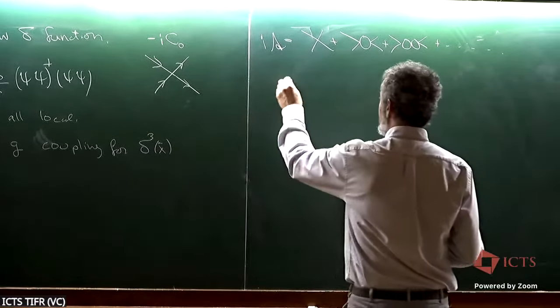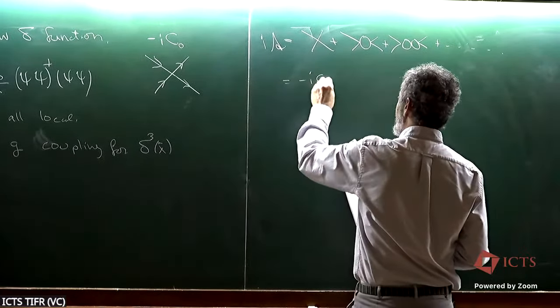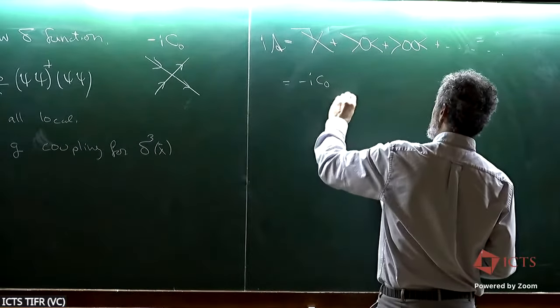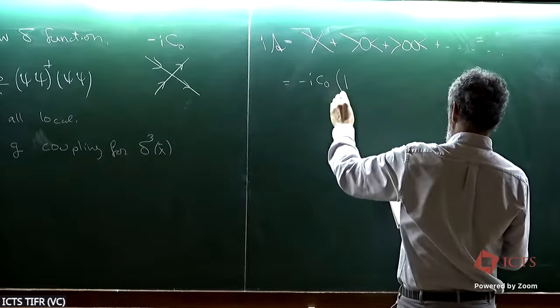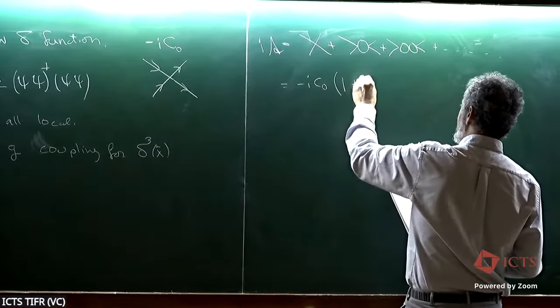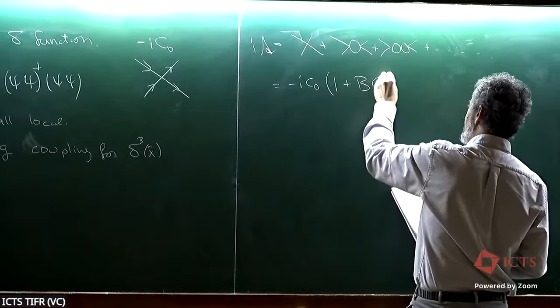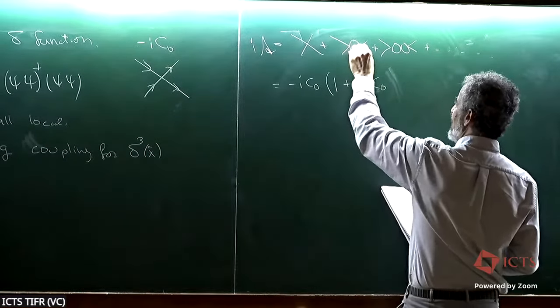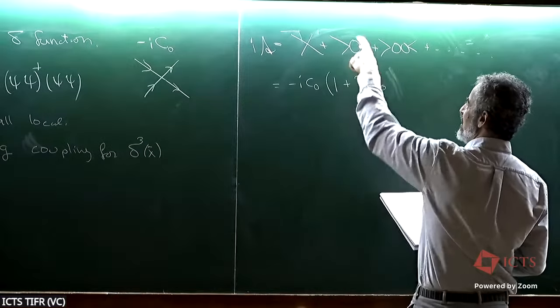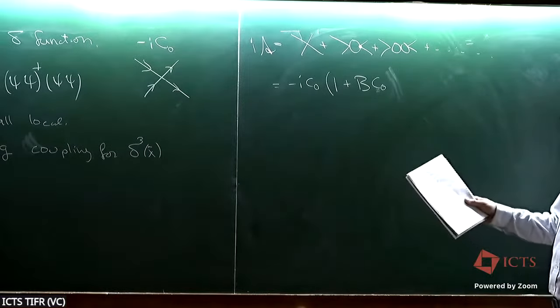And this is equal to minus i C naught times 1 for the first diagram, plus B C naught squared for this second diagram, where this extra C naught is from the next coupling, and B is going to be the loop with the minus i from the vertex.